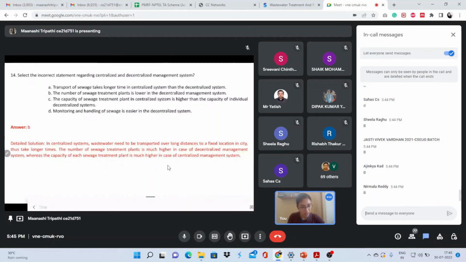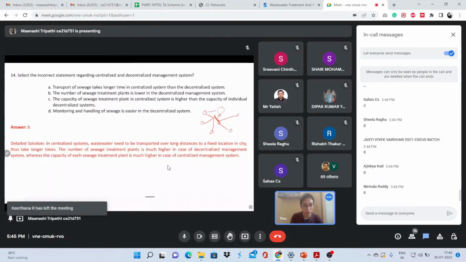These are small houses and we have a wastewater treatment plant. We have a big drainage system, master drains. Sewage goes from here to the master drainage, then to the treatment plant. So sewage takes longer time in the centralized system.